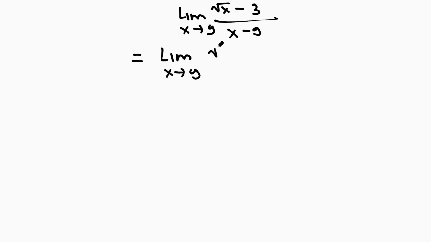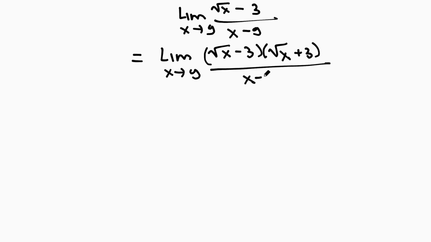It's going to be square root of x minus 3 times square root of x plus 3 over x minus 9, and remember, you have to do the same thing with the denominator.